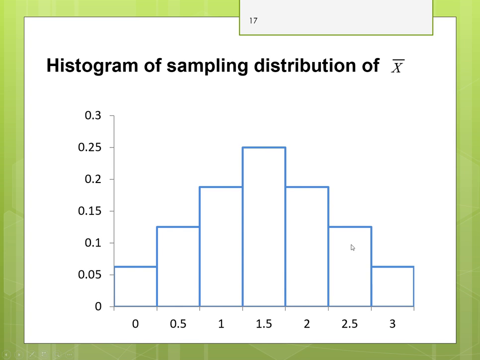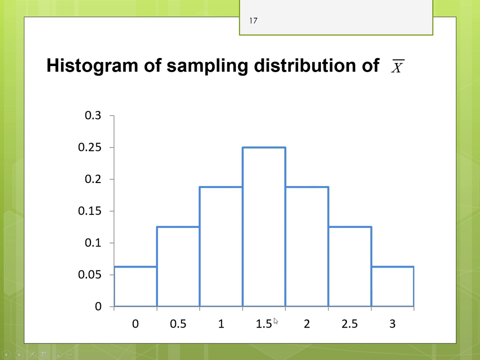Okay, so maybe most of you find that this histogram is symmetric, right? It's symmetric about 1.5. It's just like a mountain. So this is the peak of the mountain, and this mountain is symmetric about the peak when X bar equals 1.5.